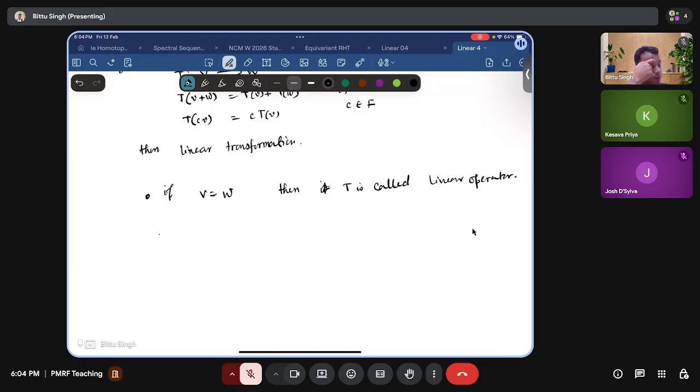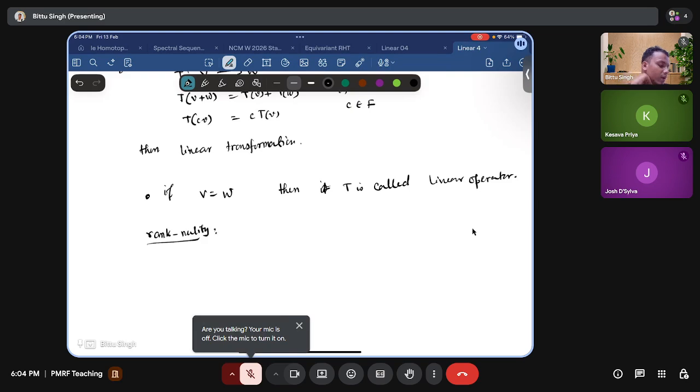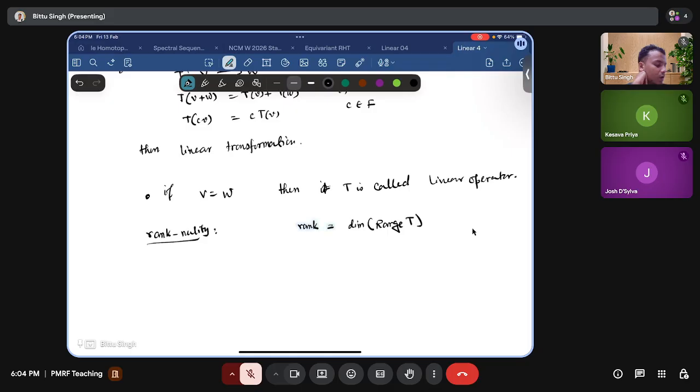In the previous day we have seen an important theorem, the rank nullity theorem. So what is rank? Rank means the dimension of the range space, and nullity of T means the dimension of the null space or kernel, whatever you say.